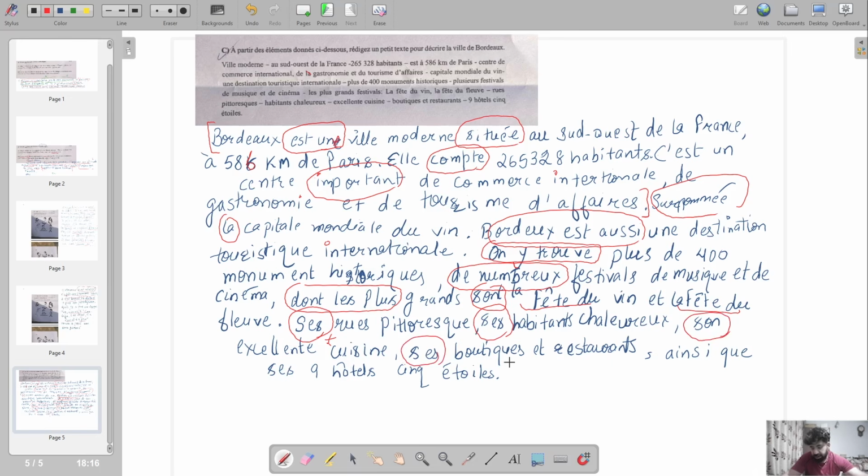Then we say says boutique and restaurant, and then we just reach to the last part where we had to say about the city, so we add this, and this simply means make it an attractive destination because it has 9 hotels which are 5 star. Okay, so majorly most of the text we took from the question itself in order to write this down, and it was quite fine. So that's how you do it.